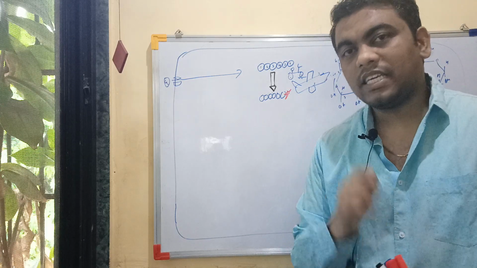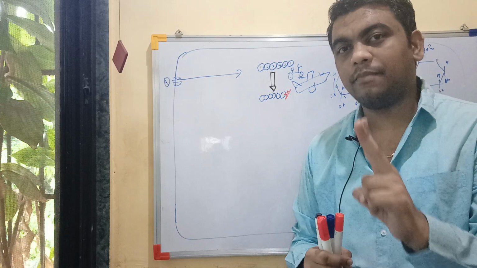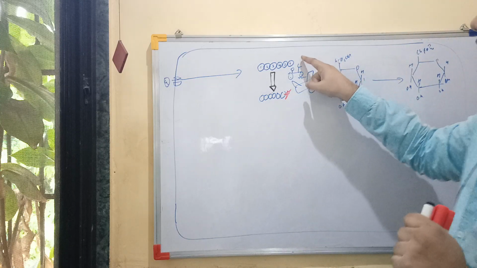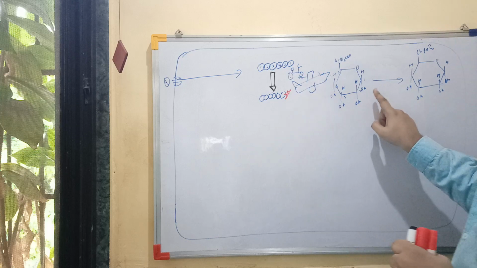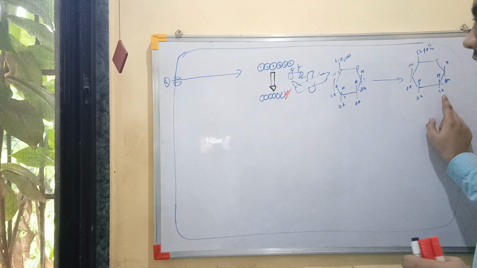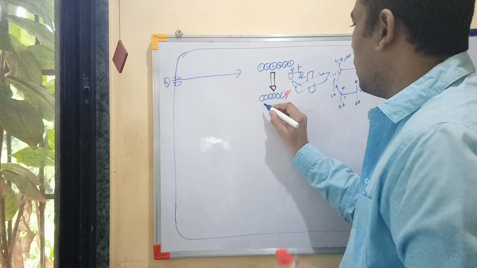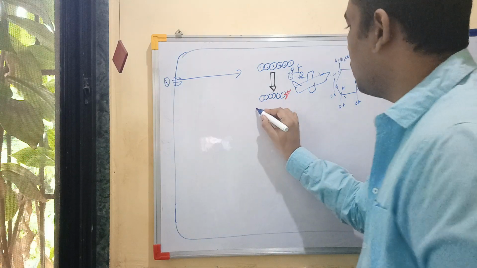Exactly like that, we have 2 different enzymes working for the same reaction. The reaction here is to convert glucose to glucose 6-phosphate. What is this molecule called?